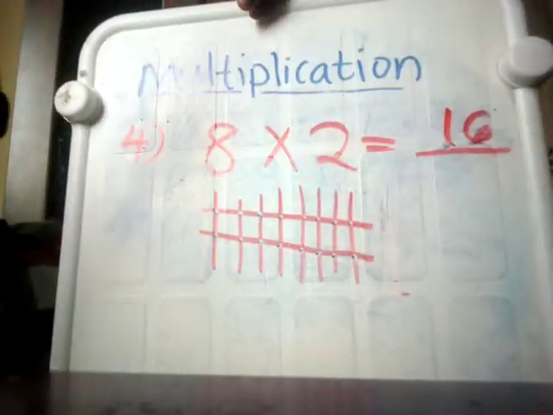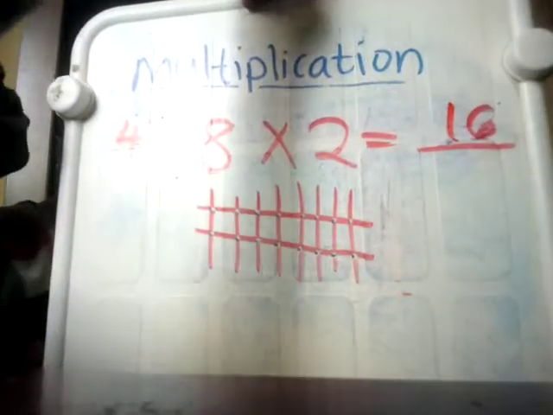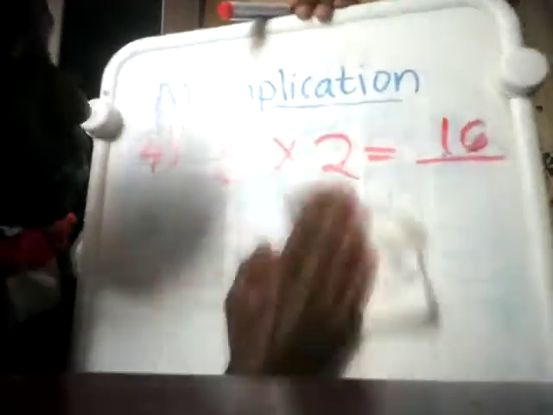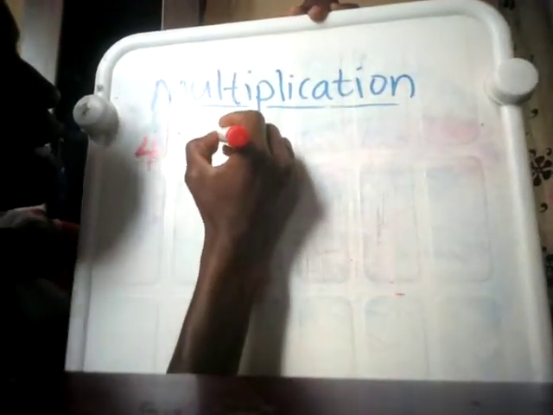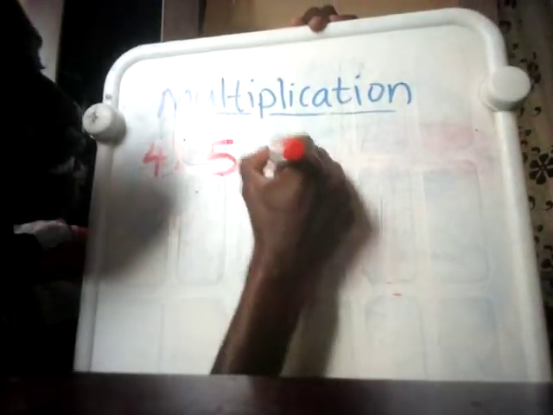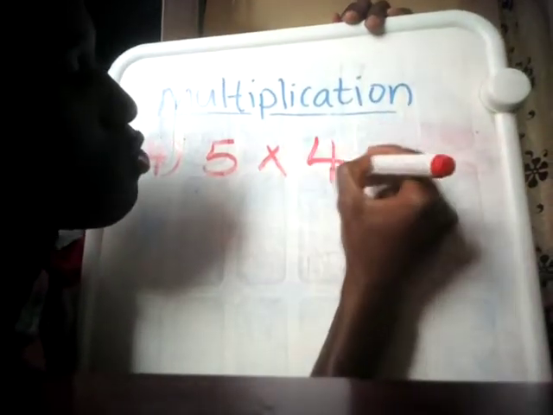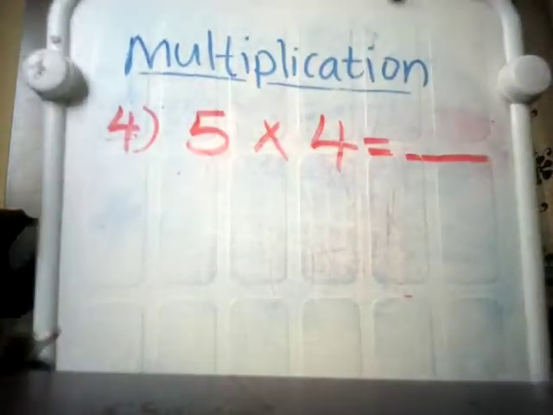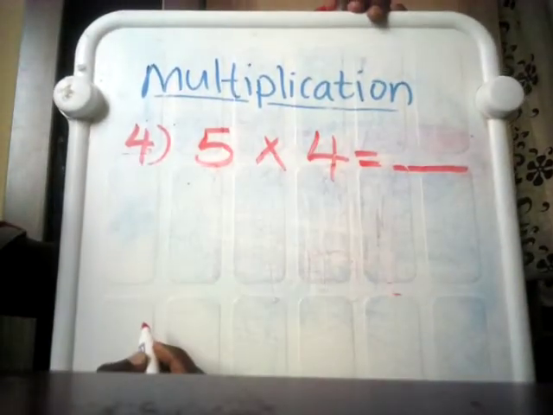So let's do the last example in this exercise. I'm having 5 times 4 equals to dash. All right, so here what are we going to do? 5 columns.